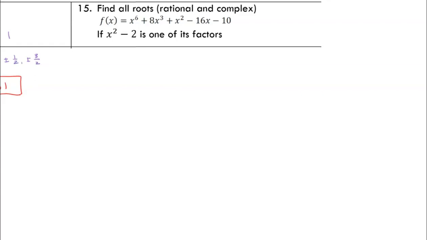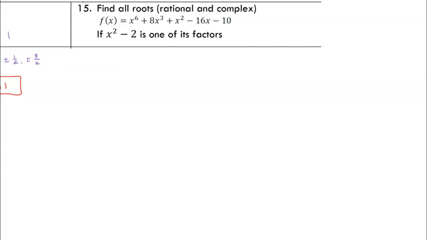Number 15. Find all roots, rational and complex, for this function if x minus 2 is one of the factors. So if it's one of the factors, I know that the remainder is going to be 0.